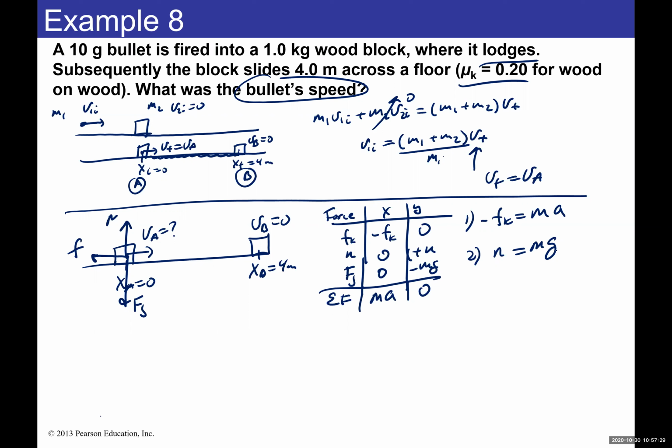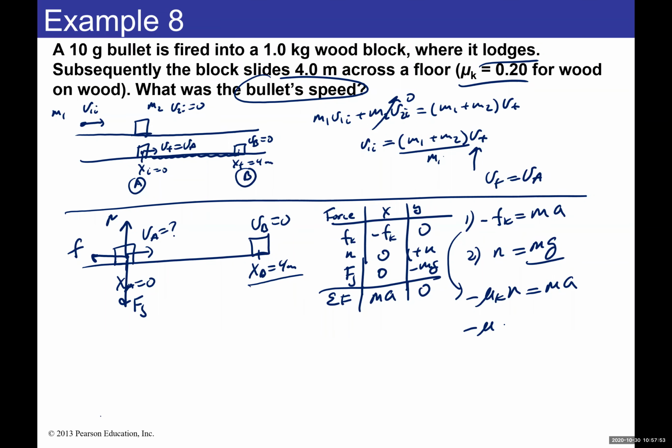Which means now I need to find acceleration. Remember, I know final speed is 0 and I know displacement, so I can try to find initial velocity, and I can do that if I find acceleration. Equation 1 is negative mu k times normal force equals ma, and normal force is mg.